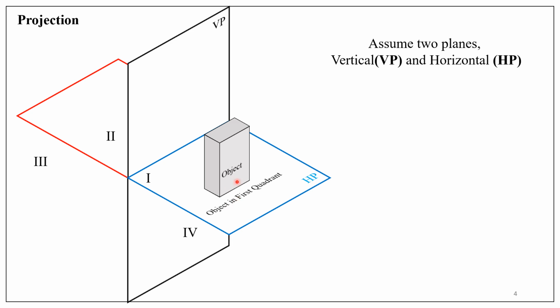Suppose if the object is present in the second quadrant, then we say the object is behind VP and above HP. In order to obtain an image or the projected view on the vertical plane, the observer needs to stand in front of VP and above HP.